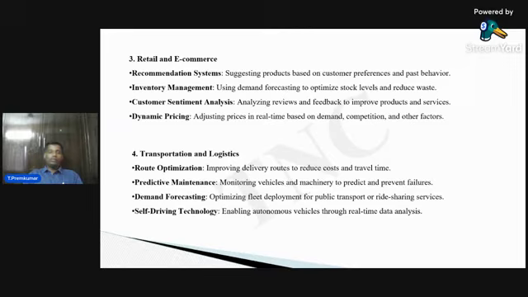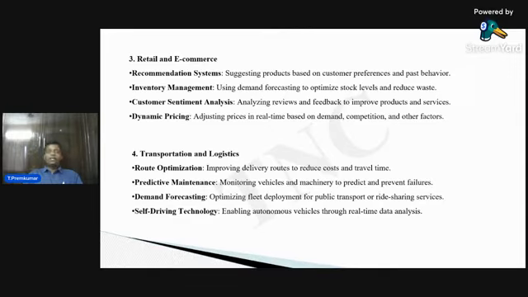The next area we're going to see is transportation and logistics. Here we optimize routes, do predictive maintenance, demand forecasting, and self-driving technologies. First, route optimization is about improving delivery routes to reduce cost as well as travel time by using data science concepts.